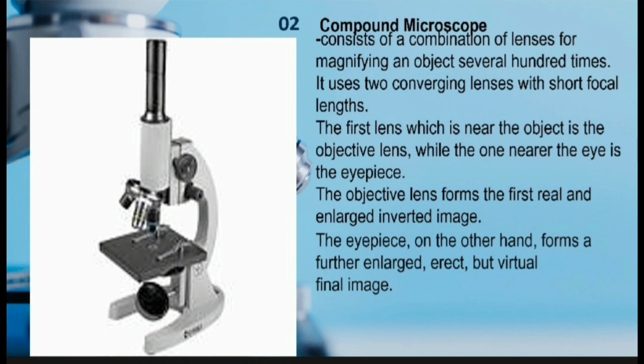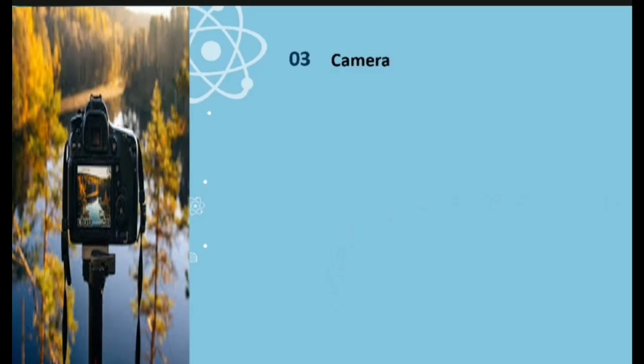When you go places where you want to take some memories, what device will you use? If your answer is camera, then you are correct. But what is the function of a camera and how does it work? Great job, Diane!